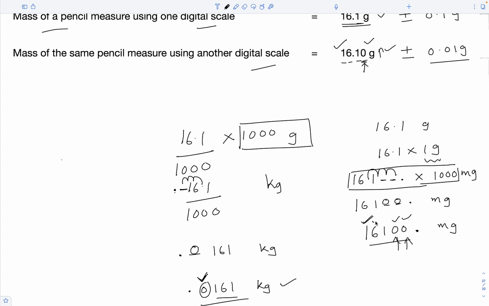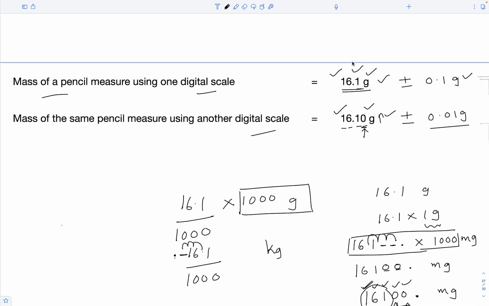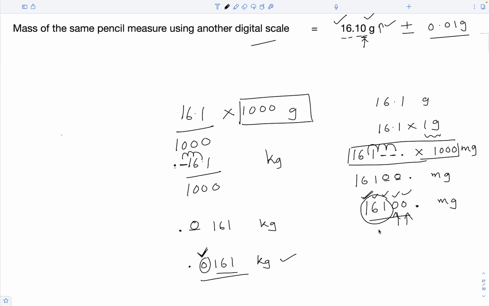And the digits that contribute to the precision of the measurement are the useful or the meaningful digits. And these meaningful digits are what we call the significant figures. So in this measurement, there are 3 significant figures. And in this measurement also we have 3 significant figures because these two zeros are not meaningful.